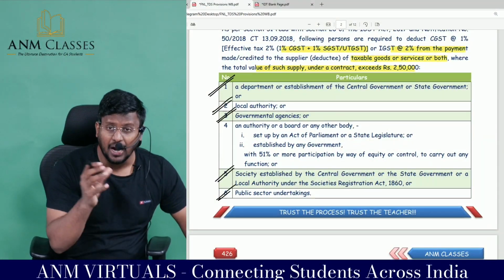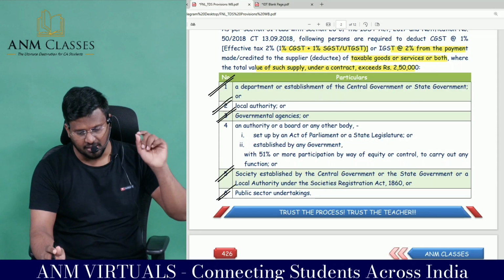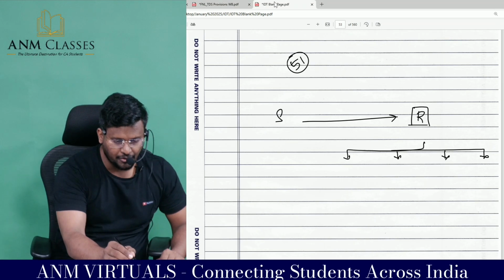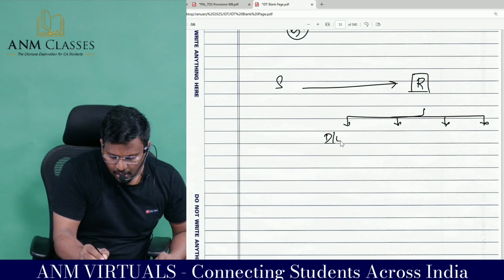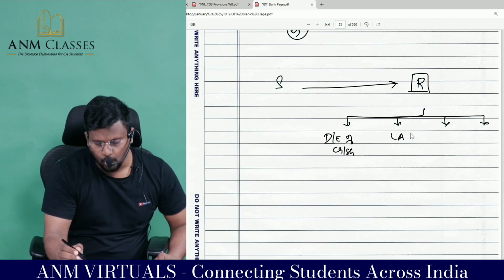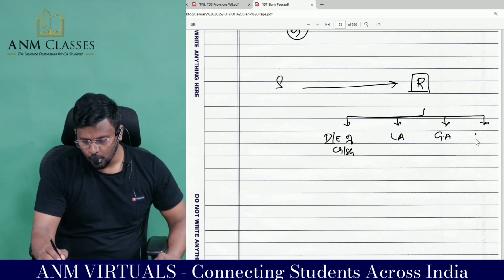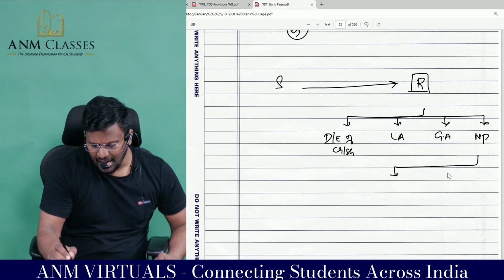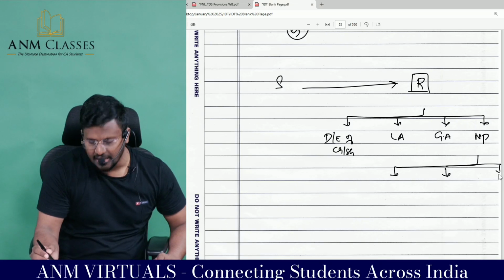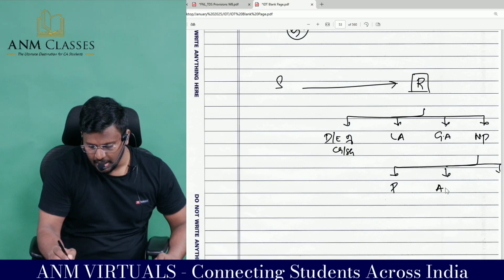They may be a department or establishment of the central government or state government. First of all, this guy may be a department or establishment of central government or state government, or number 2, local authority or governmental agency, or notified person. We are having 3 notified persons. Number 1, PAS.